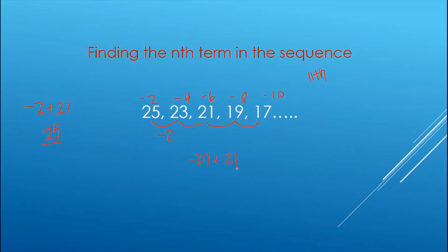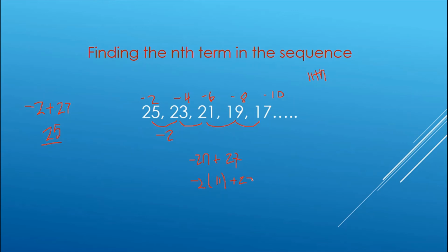Now the next thing that we're going to do is find the 11th term. Just substitute the following: negative 2 times the 11th term, plus 27.